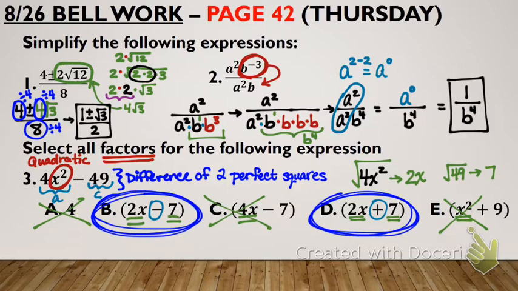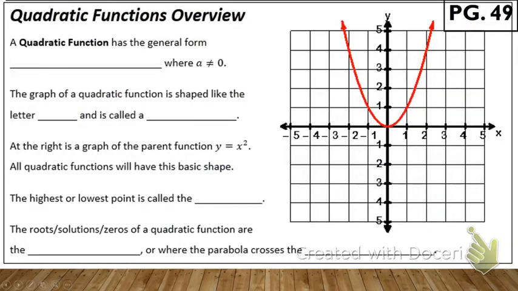All right. Flip in your books for me then to page 49. Page 49. We've been talking about factoring things. We've been talking about quadratic formula.